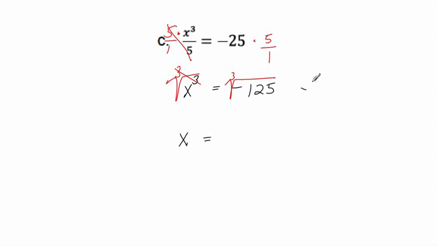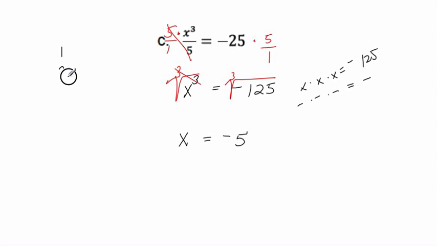So we have what times what times what equals negative 125. Well, we know a negative times a negative times a negative is a negative. All right? And then what times what times what is 125? That'll be 5. So you need to know your cube roots up to 216.